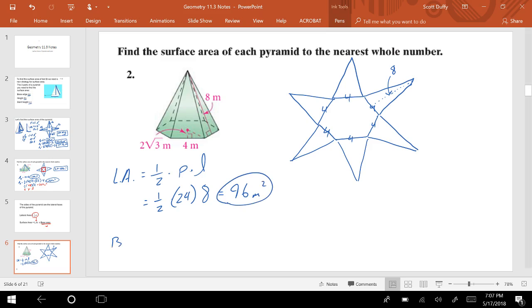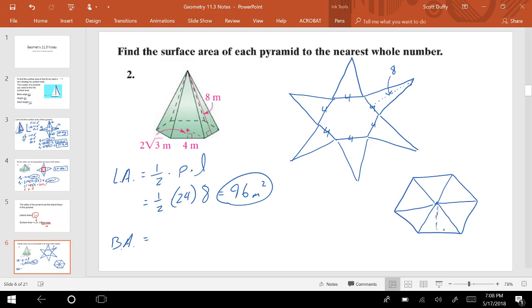Now, the base area is a little trickier. We have a base of a hexagon, a regular hexagon, and we know what to do with those. So I'm going to look at this separately. When we have a regular hexagon, you say, all right, can I draw in my triangles? And once I draw my triangles in, do I know the height and also the base of one of those triangles?